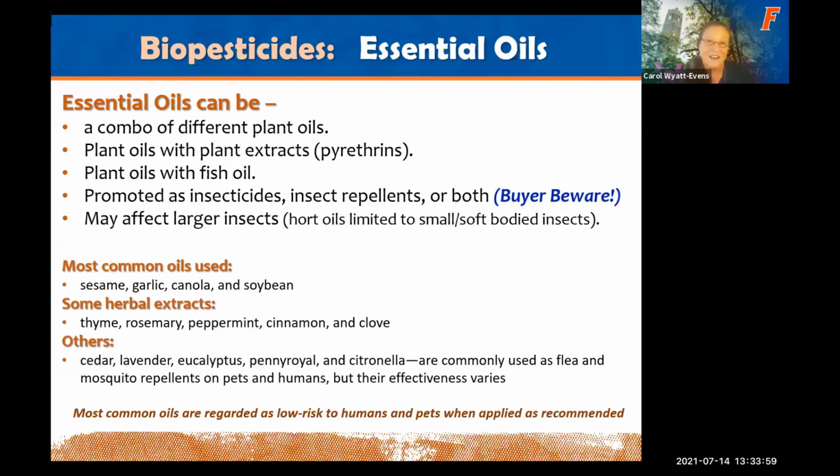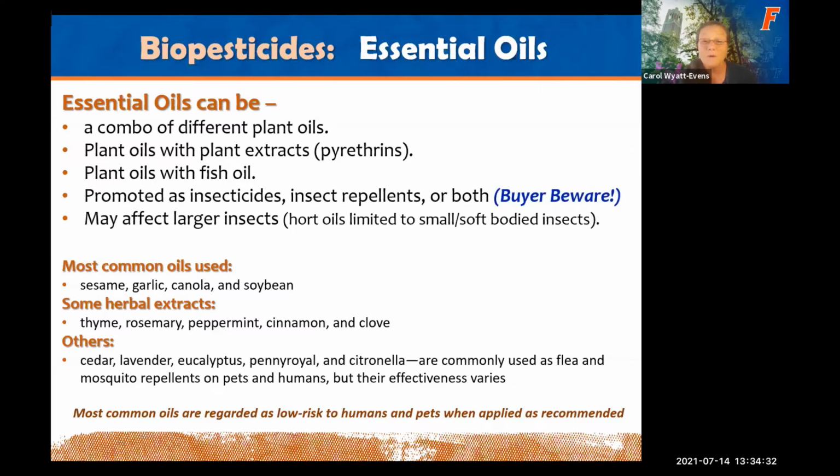That said, essential oils are known to be pretty effective components of pest control. One great aspect of essential oils is that they can affect larger insects. We talk about these hort oils, and those affect small, soft-bodied insects. Well, essential oils can get some of those bigger insects. So try it. If it doesn't work, then you go to another option. But they can be effective against those bigger insects.